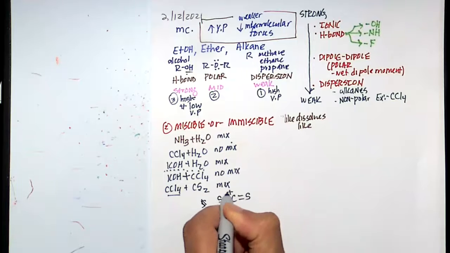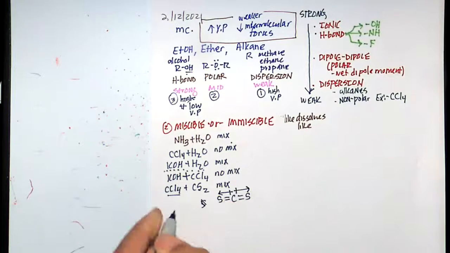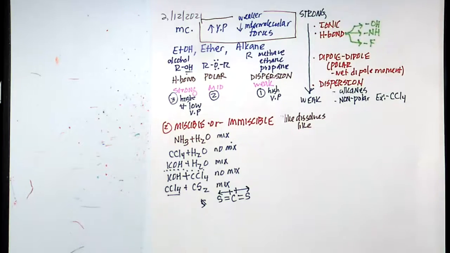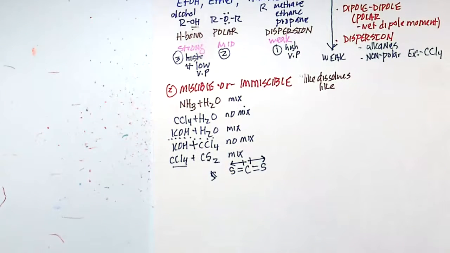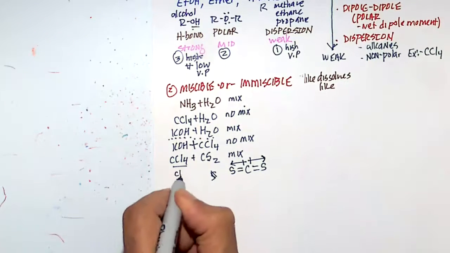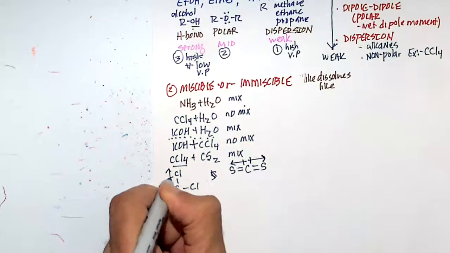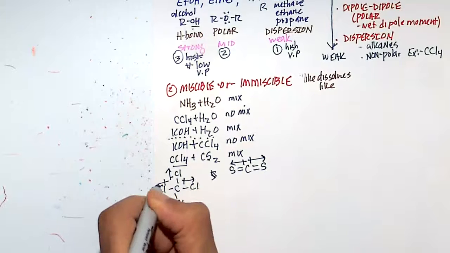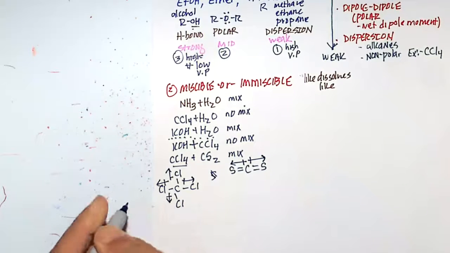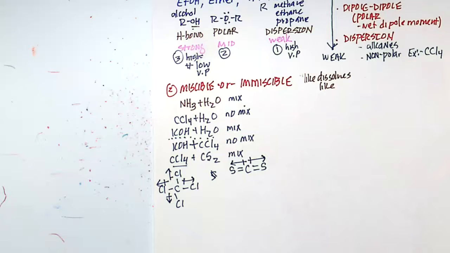The sulfurs are going to pull in equal and opposite directions, canceling each other out. And in CCl4, the Cls will also pull in opposite directions. The arrows cancel each other out. Both of these are nonpolar. Both of these will mix because of like dissolves like.